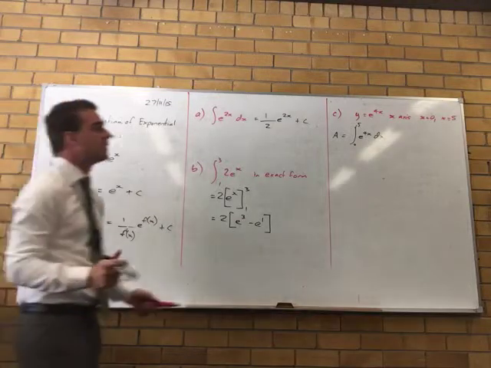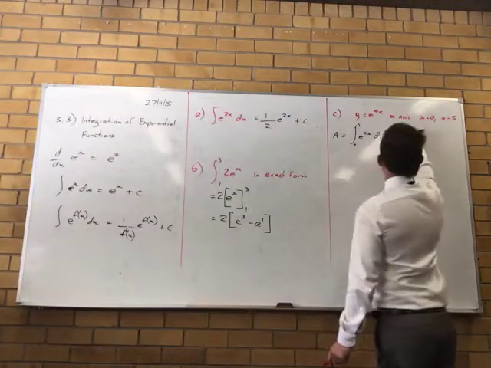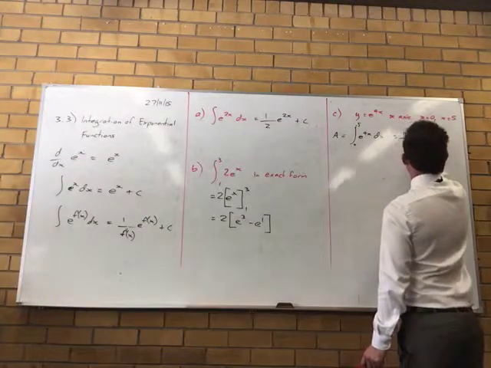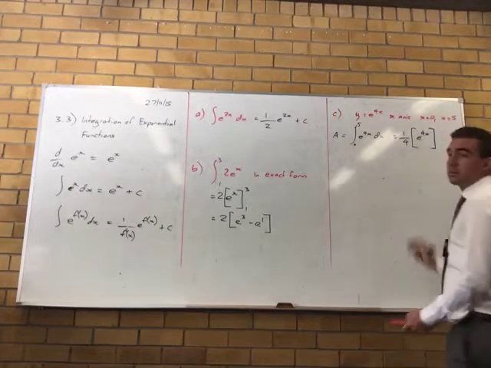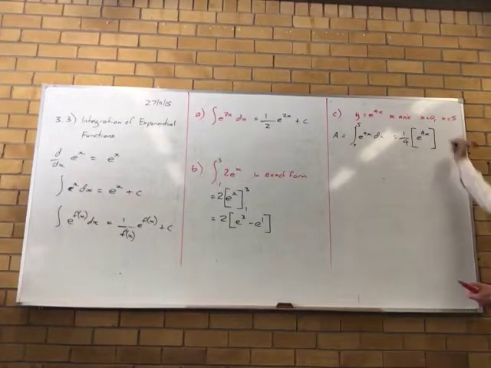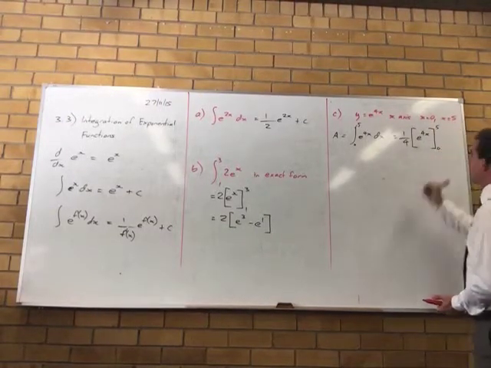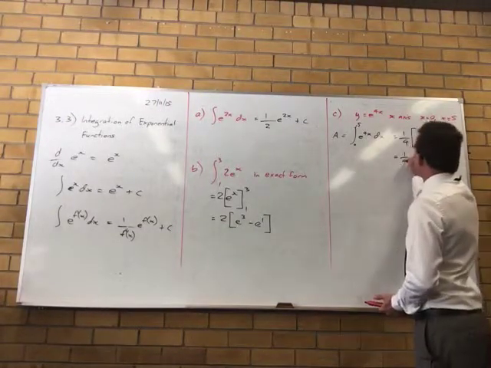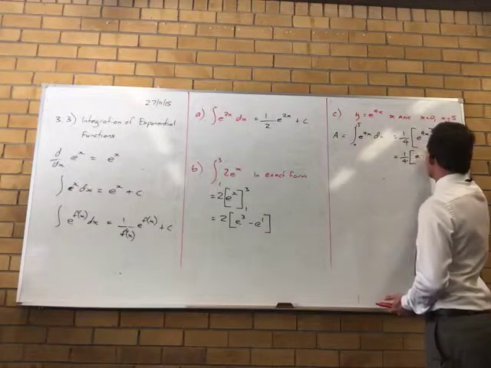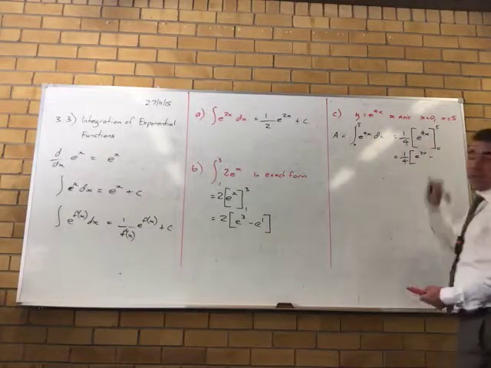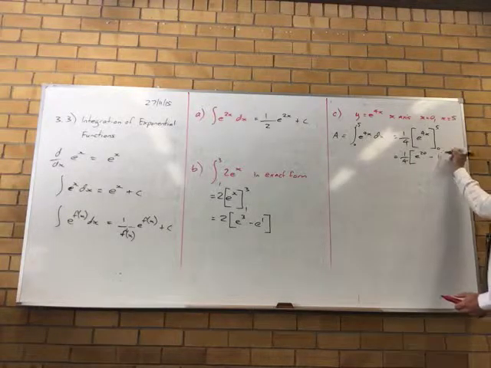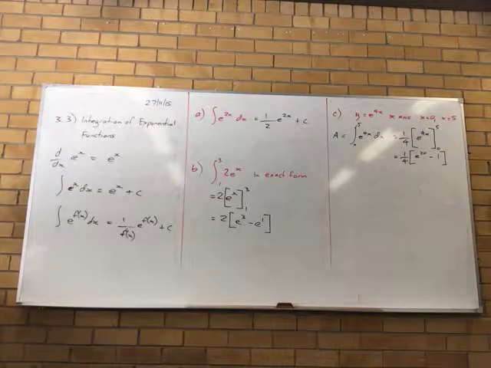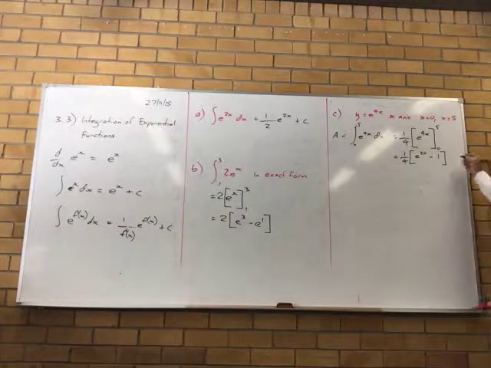Yep. The power stays the same when you have exponentials, from 5 to 0. So it's going to be a quarter, e to the 20, and then e to the power of 0 is 1. And you can't do any more with that. And don't forget your units when you're finding area.